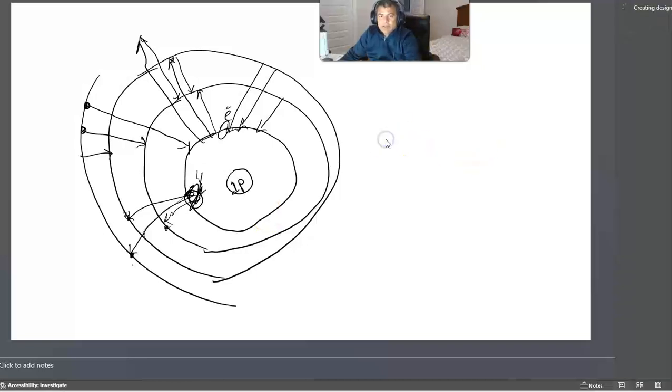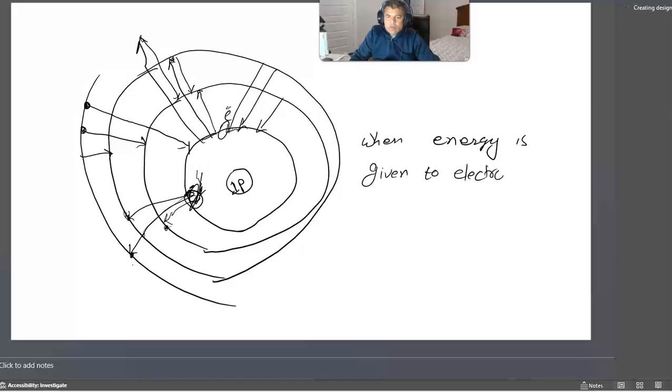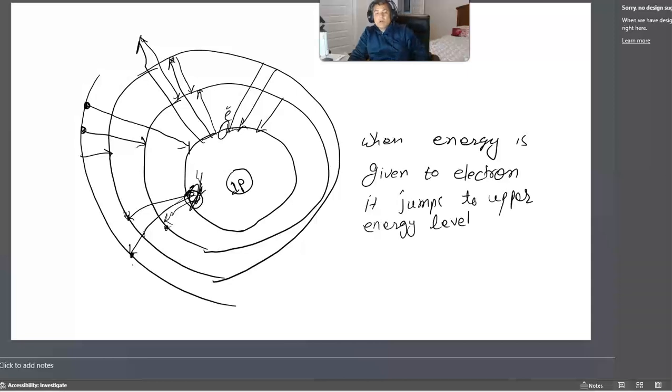So what happens is, when energy is given to the electron, it jumps to an upper energy level.